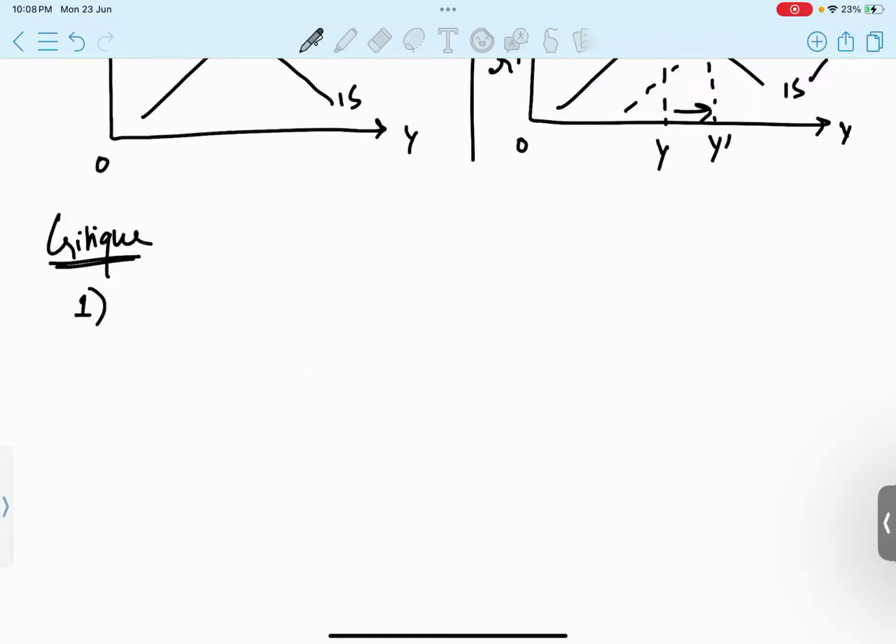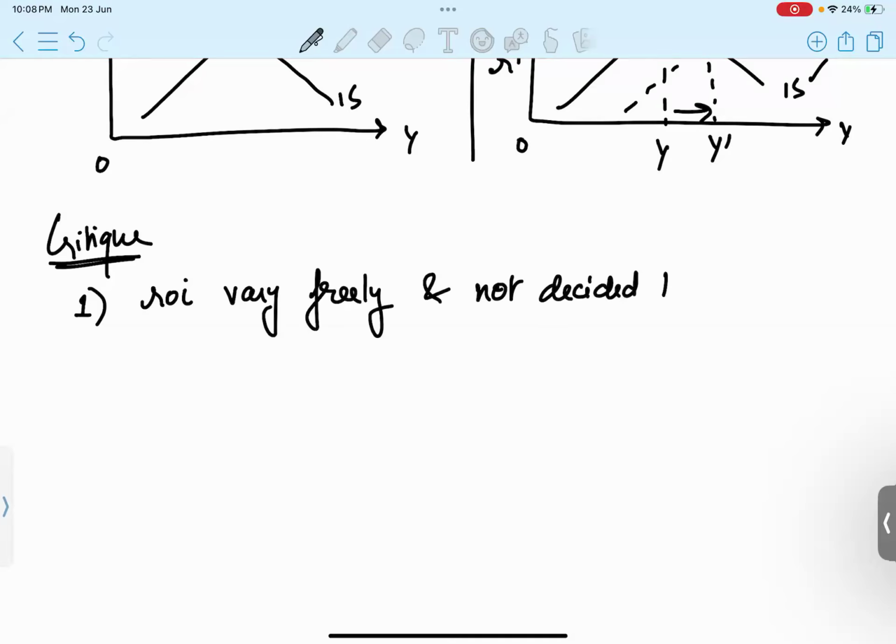But that is completely opposite of what we see in real and practical life. So the rate of interest varying freely and not being decided by RBI is one critique.